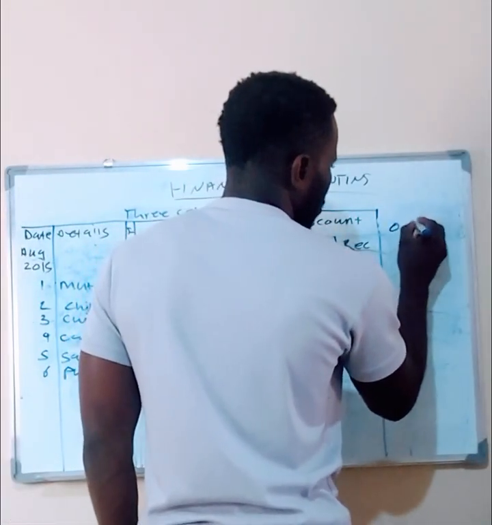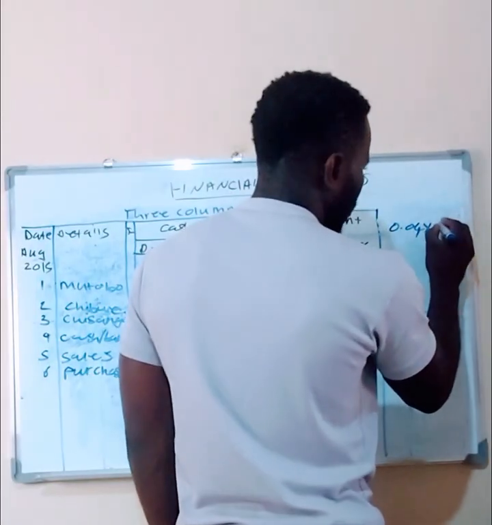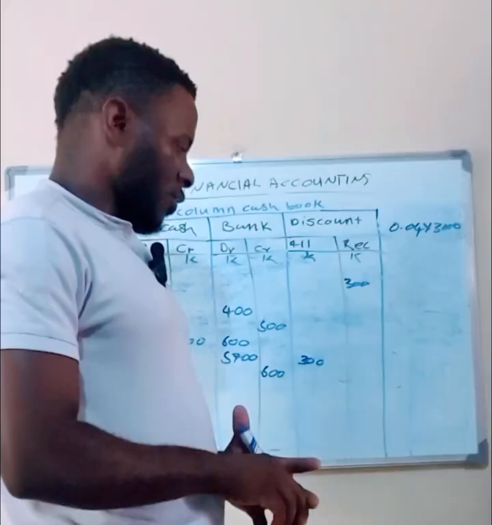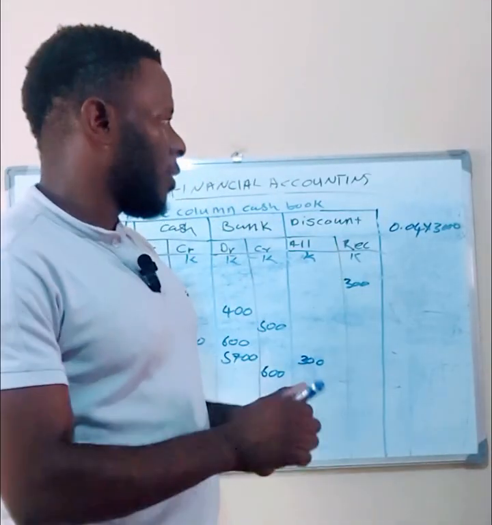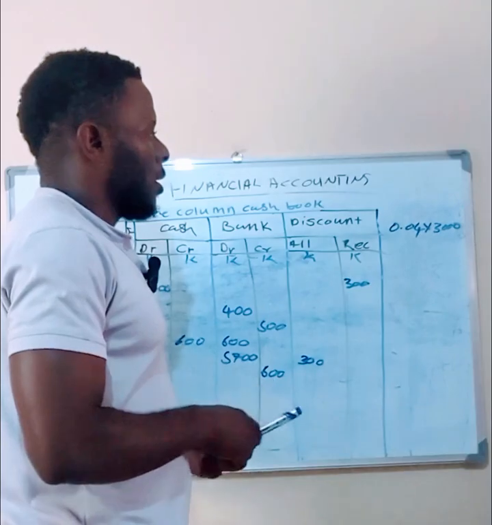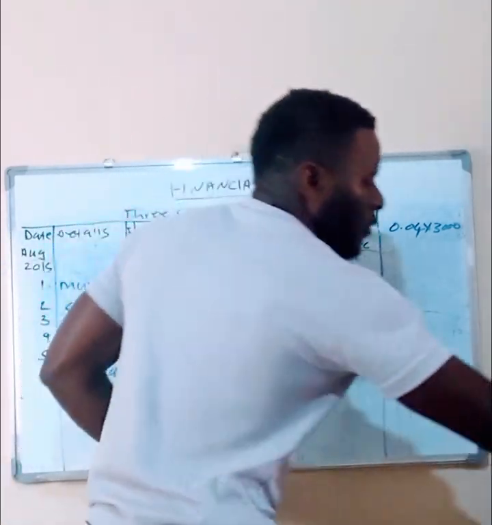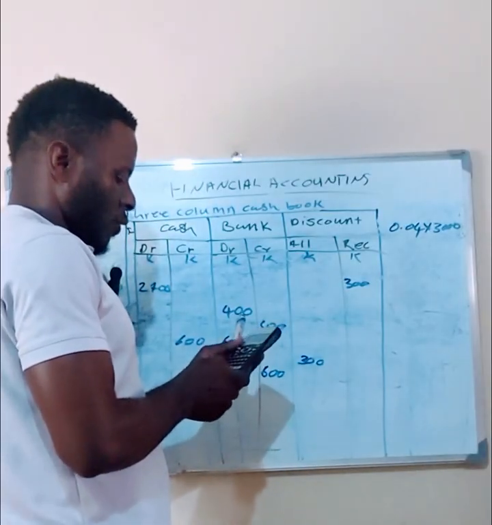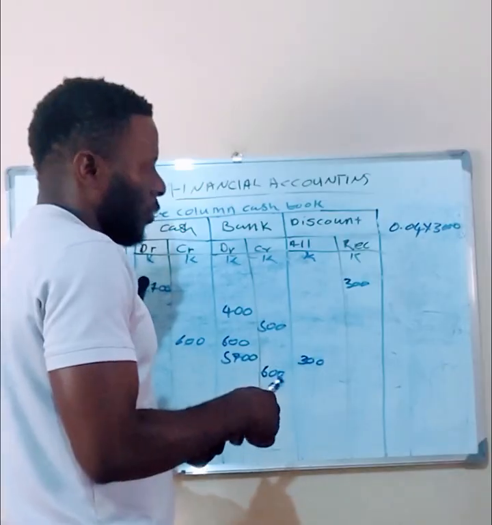4% is 0.04 times the amount 3,000. Where this 0.04 is coming from is something that we did in mathematics. So 0.04 by 3,000, that's 120.